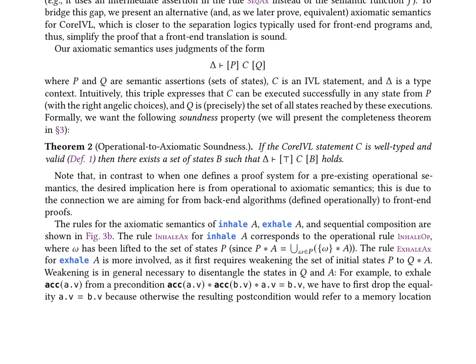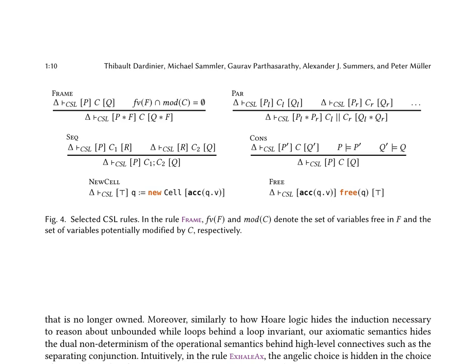The authors prove the operational to axiomatic soundness property, which states that if a core IVL statement is well typed and valid, then there exists a set of states Q such that Δ ⊢ P, s, Q holds.